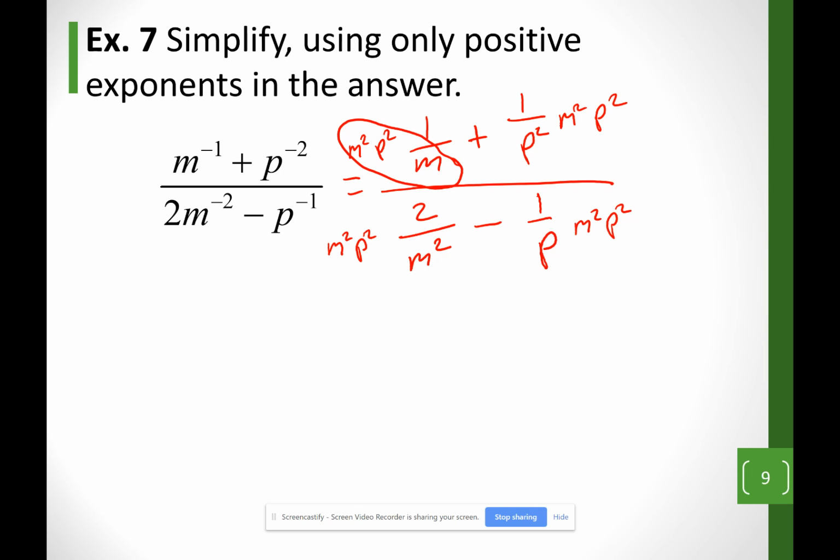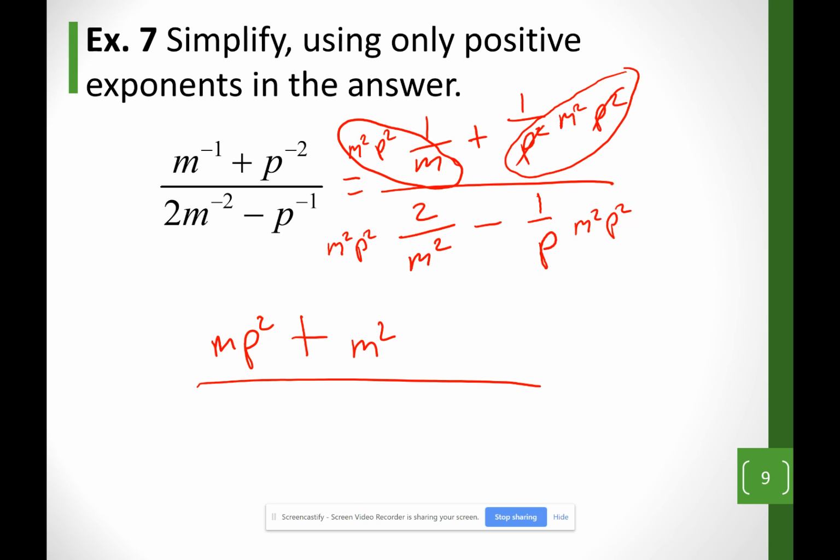When I do m squared p squared divided by m, that's m p squared, multiplied to the top, that gives me m p squared, plus, when I do my division here, I know my p's are going to cancel out. P squared and p squared cancel out. So I have m squared multiplied to the top, m squared.